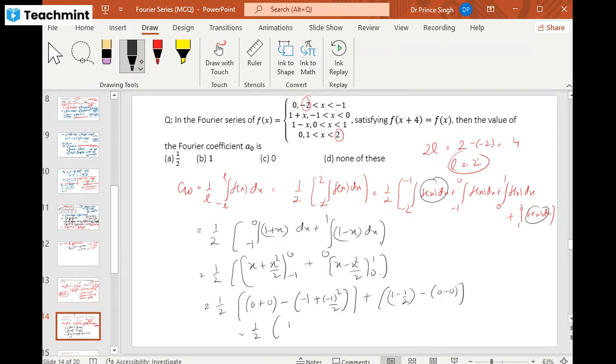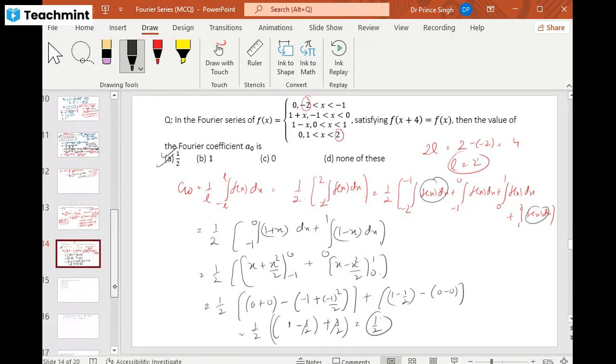So this is 1 minus 1 by 2 plus 1 minus 1 by 2, which is already 1 by 2. 1 by 2, 1 by 2 cancel out. Answer is 1 by 2. So the value of the Fourier coefficient is 1 by 2. Okay.